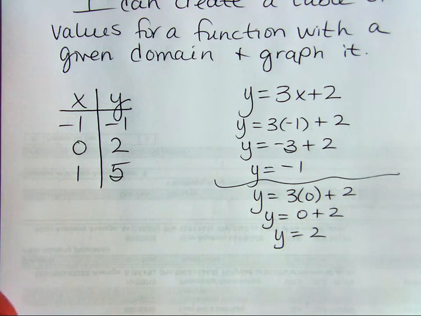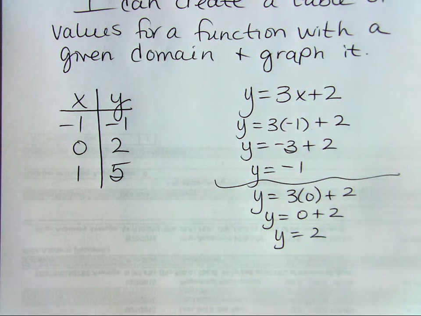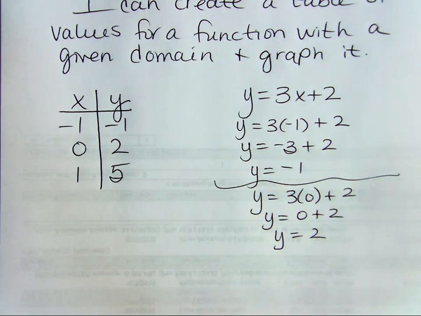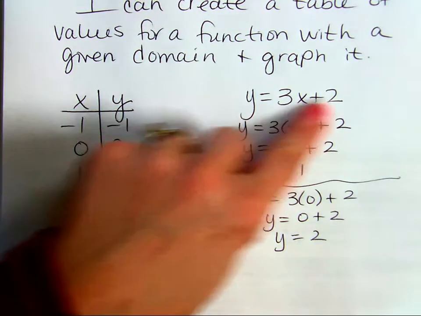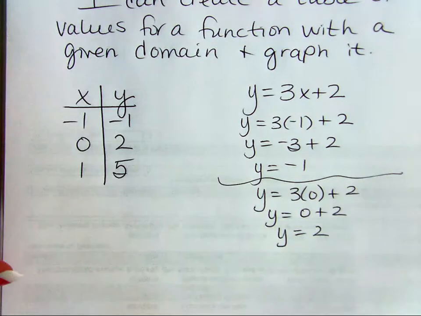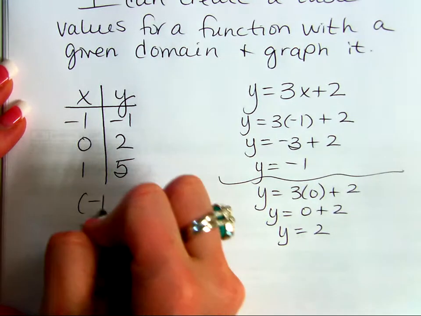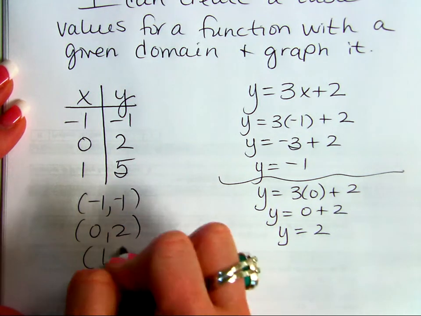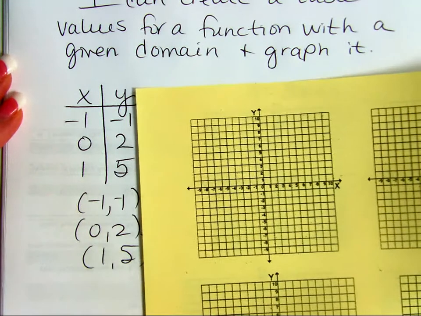Once you have a table of values, these become ordered pairs, and those ordered pairs become points on a graph. So if this was not a function, and we're not talking about a specific domain, we're just talking about graphing that line, you would take the points -1, -1, 0, 2, 1, 5 and put them on a graph like this.